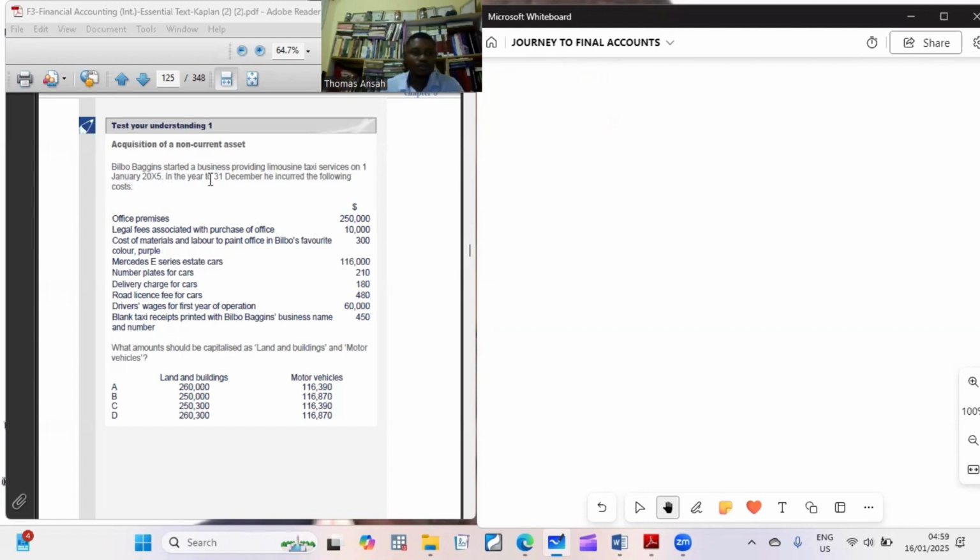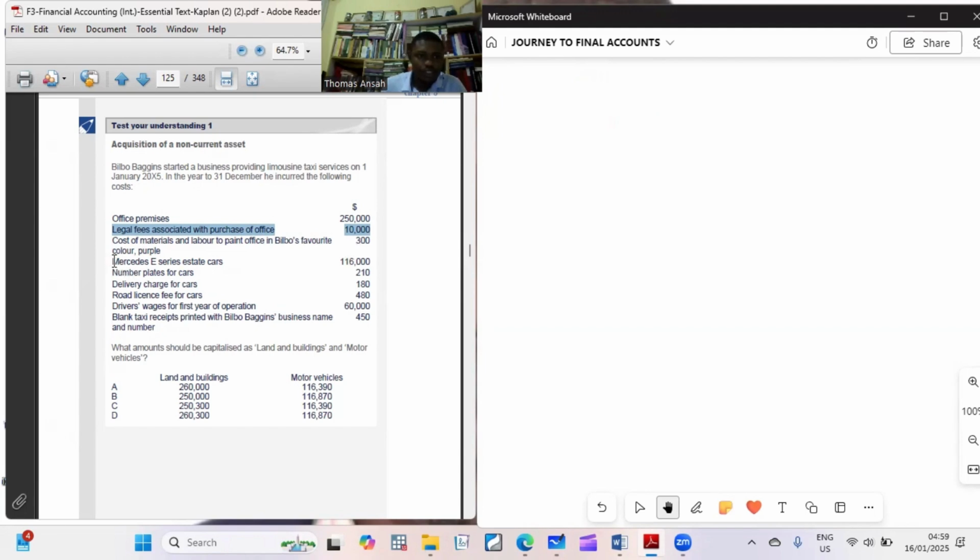In the year to 31st December 20X5, the following costs happened. Office premises, 250. Legal fees associated with the purchase of the office, 10. Cost of material and labor to paint the office in Bilbo's favorite color, which is purple, is 300.